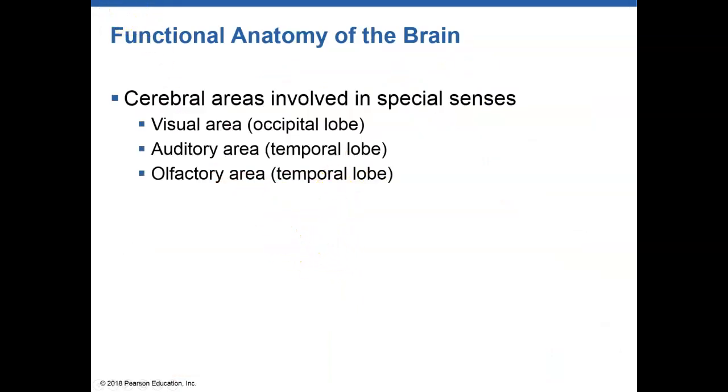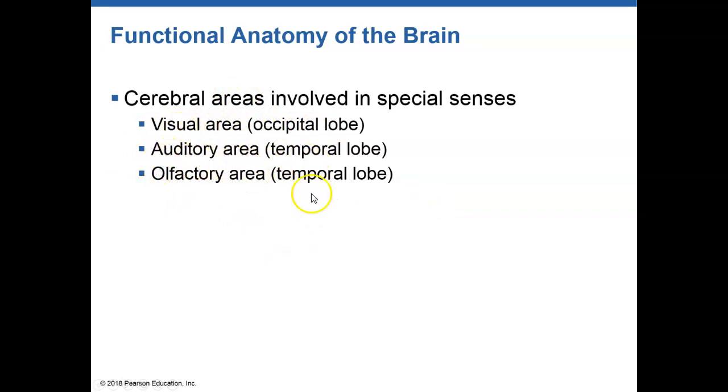There are certain areas of the brain that have special sensations. The visual area is in the occipital lobe. The auditory area is in the temporal lobe, and the olfactory area is also in the temporal lobe. So damage to the occipital lobe could potentially cause problems with vision.